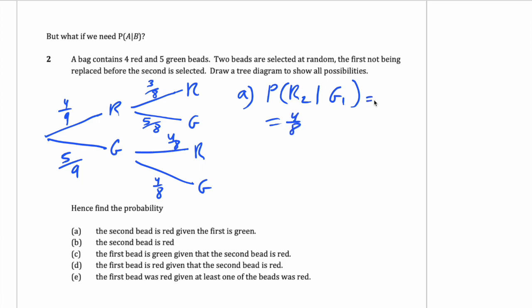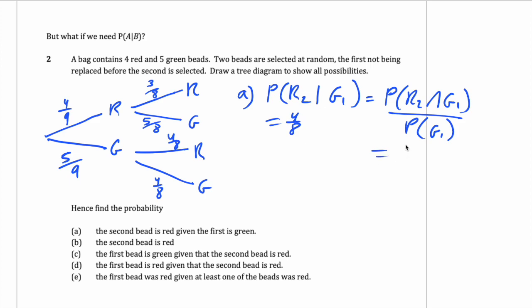If we were to use the formula, let's just verify that it's correct. Then we'd have R2 and G1. Oops, let me rewrite that, sorry. So we have probability of R2 and G1 divided by probability of G1.